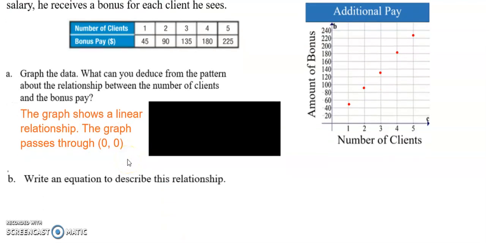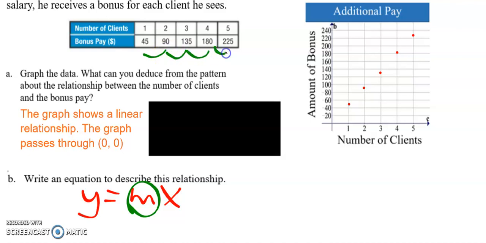All right, so now we want to write an equation to represent this line. So remember, our equation is in the form y equals mx. So what do we need to know to write the equation? We need to know m, the slope. So let's go to our table and find the slope. How do we go from 45 to 90, from 90 to 135, and so on? It looks like we are adding 45 each time.